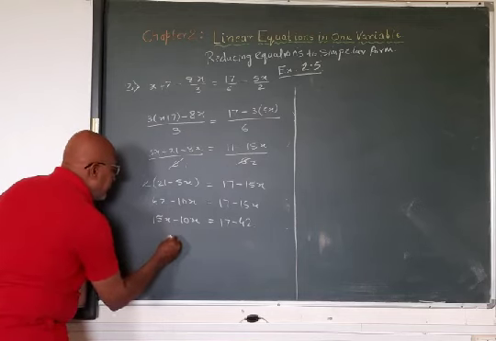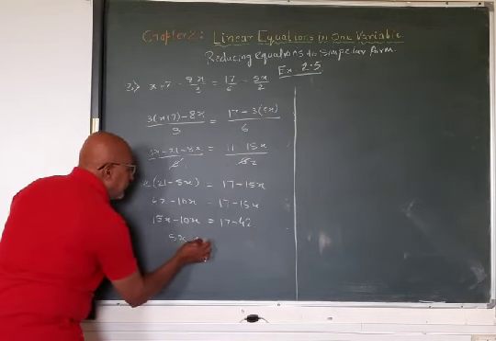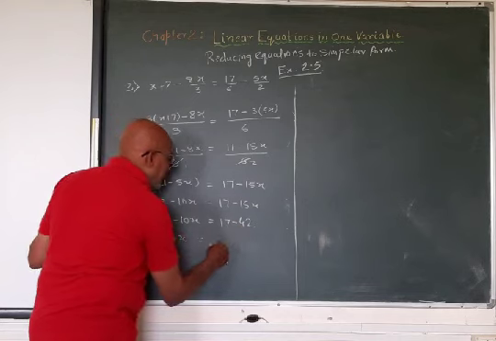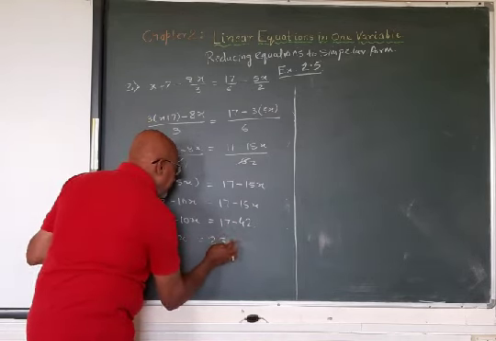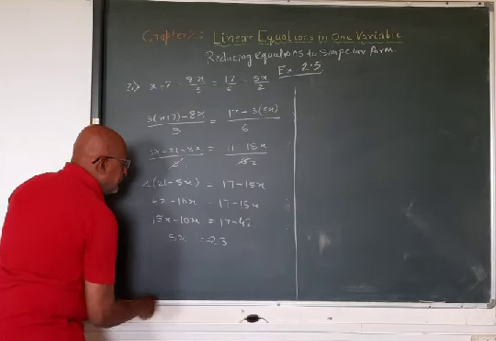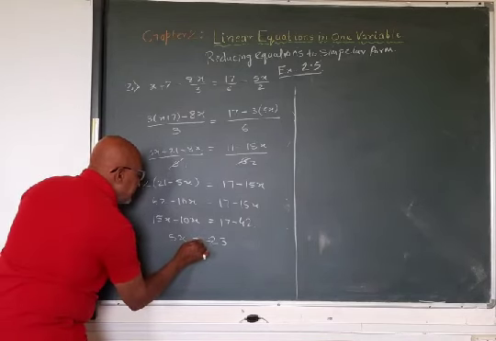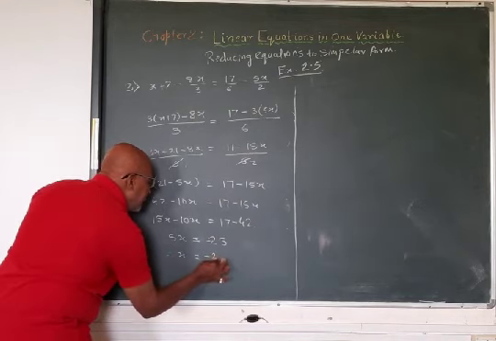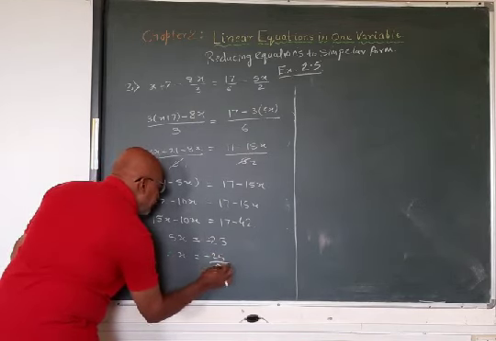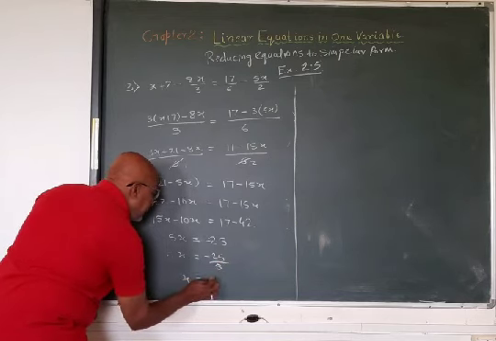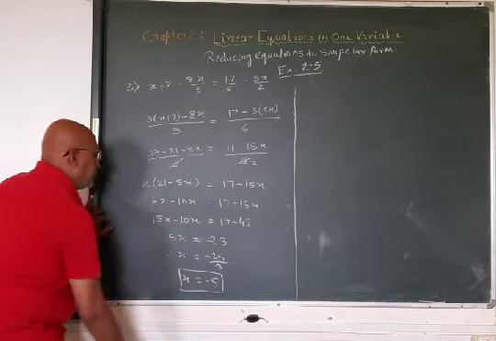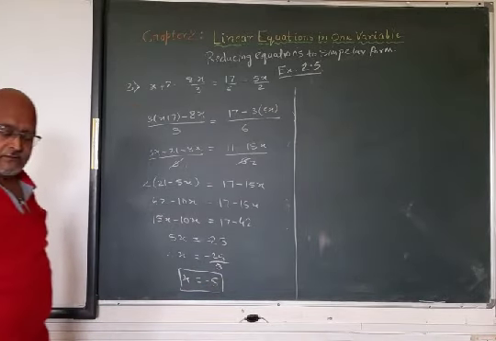So here we get 5x equal to 17 minus 42, which is minus 25. Therefore x equal to minus 25 upon 5. So x equal to minus 5. So this is the solution for this equation.